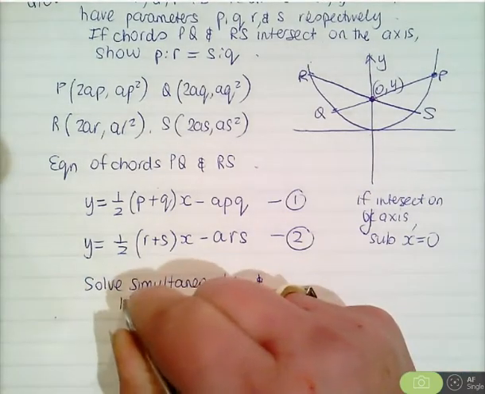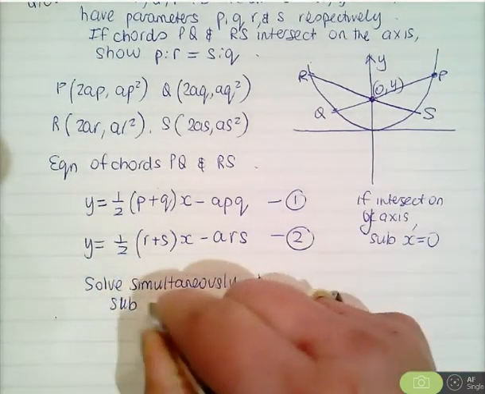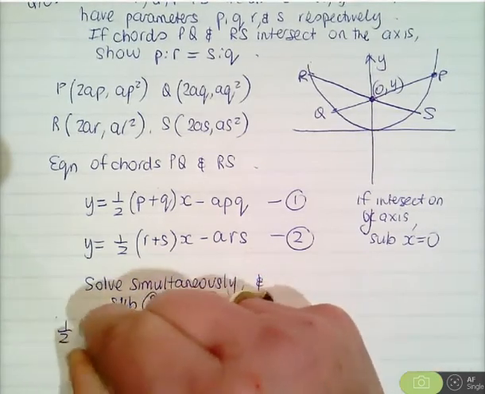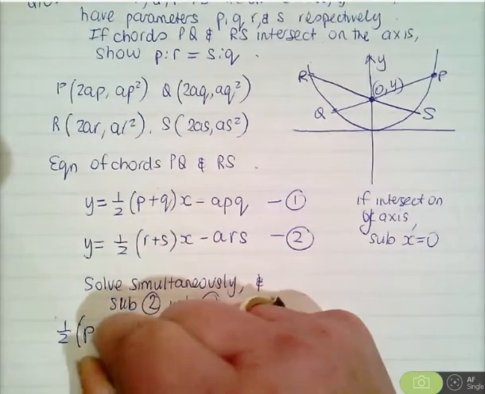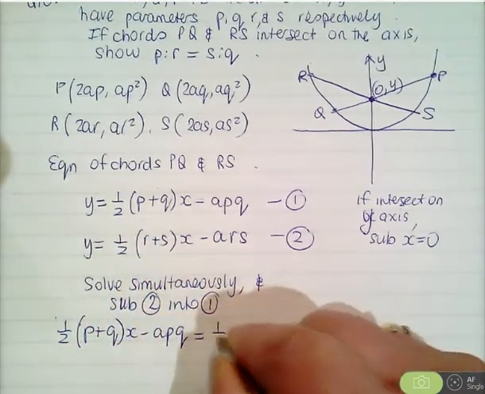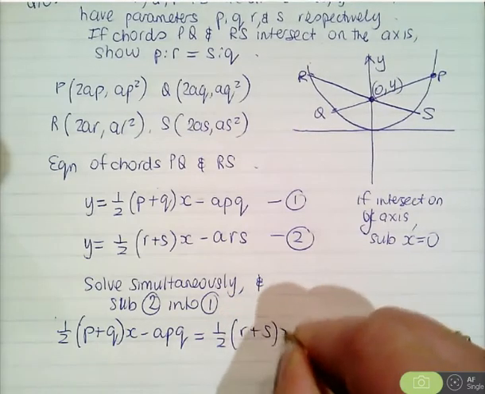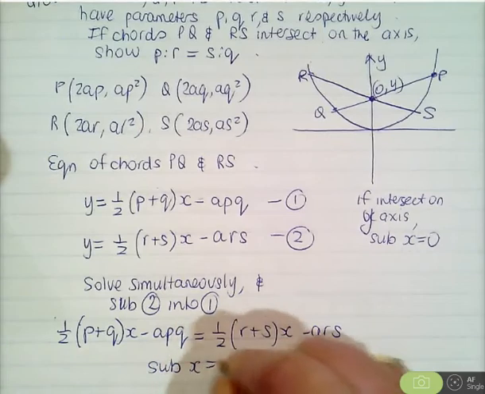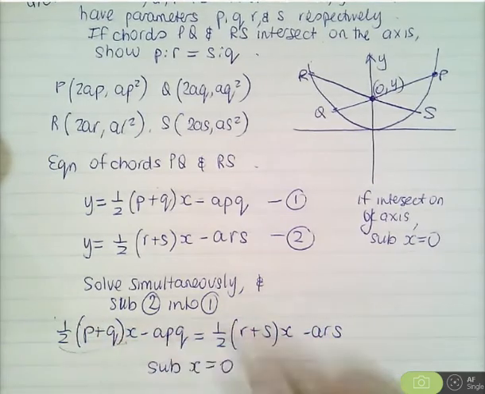So what we're going to do is solve simultaneously, put equation 1 equal to equation 2. If y equals that and y equals that, you put them equal to each other. The other thing you can now do is substitute x is 0, and that wipes all of that out.